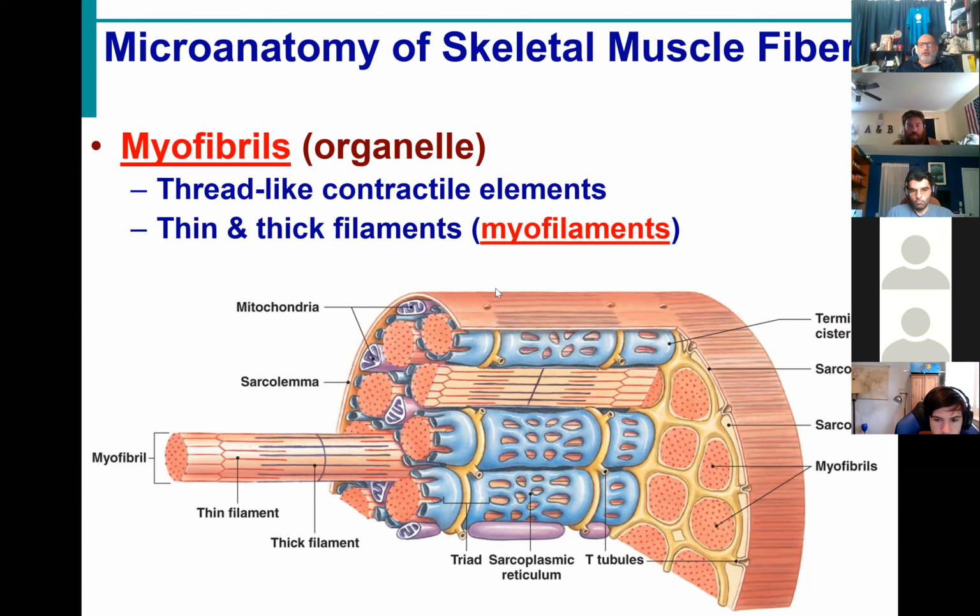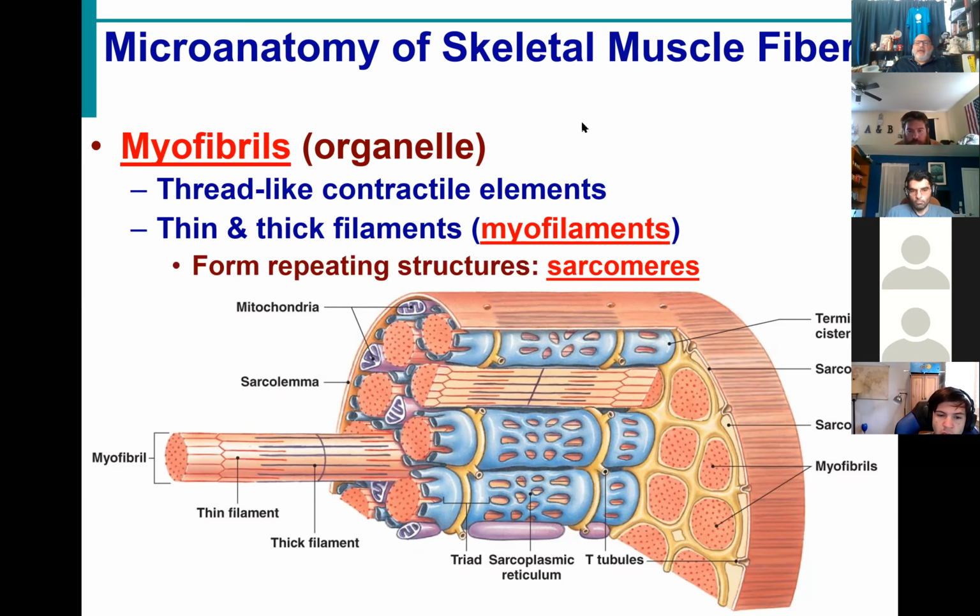But it's just muscle proteins, that's all that means. And they are perfectly arranged, giving it its precision, increasing the efficiency of the muscle contraction. But that precision is also what gives the muscle cell its stripes. And that organizing structure, we see one of them right here, from here to here, is a sarcomere.